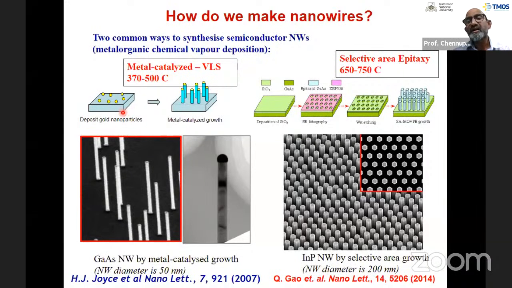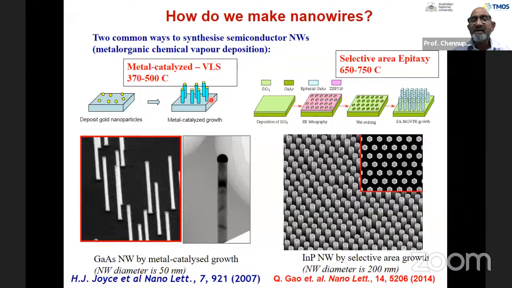Gold has a melting temperature of more than 1000 degrees Celsius, but once it starts reacting with gallium or aluminum or indium, the melting temperature of this alloy comes down to as low as 350 degrees Celsius. Once you introduce the gases needed for the growth of gallium arsenide, for example trimethyl gallium and arsine, and these get incorporated into this liquid alloy of gold and gallium, it gets supersaturated, crystal starts precipitating out, and gold is always sitting on the top.